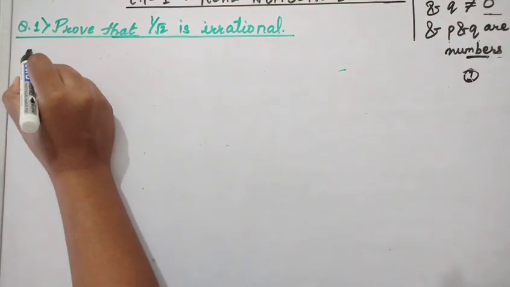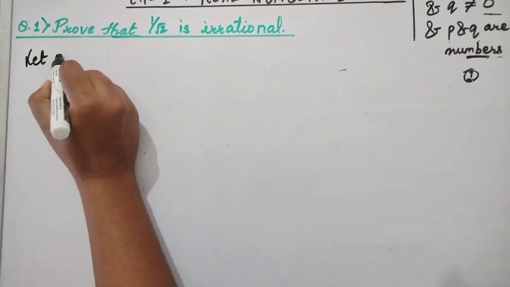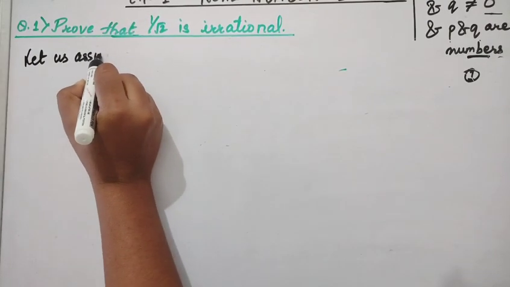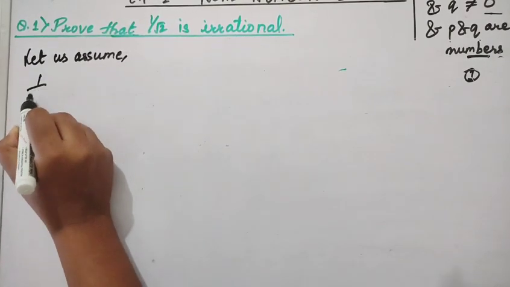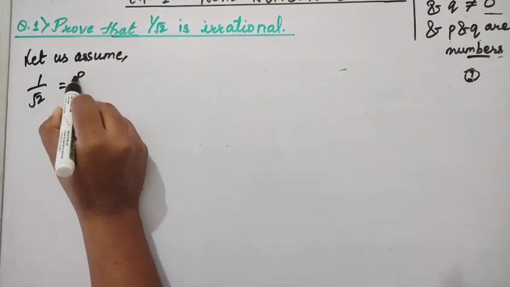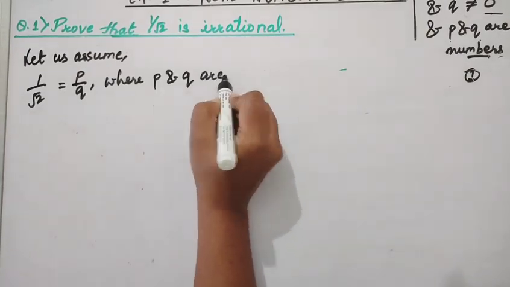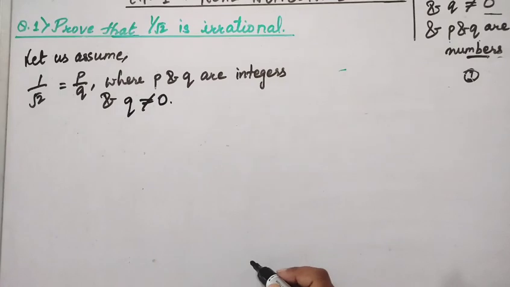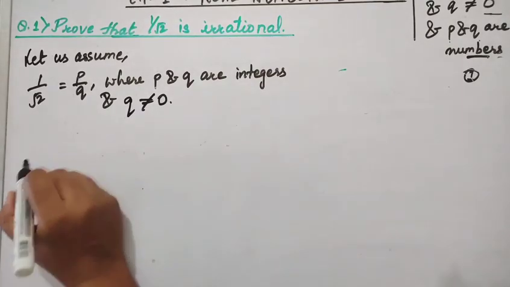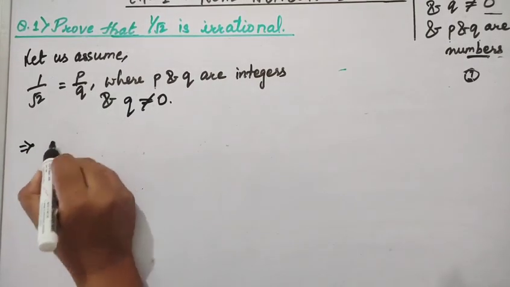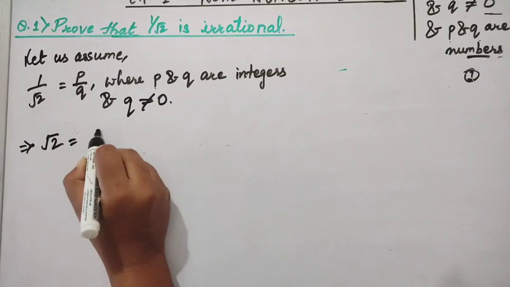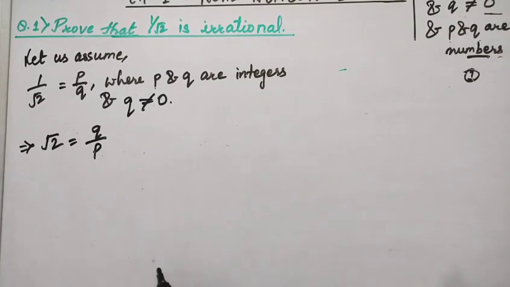The same way we can assume, let us assume 1 by root 2 equals p by q, or we can write it root 2 equals q by p.